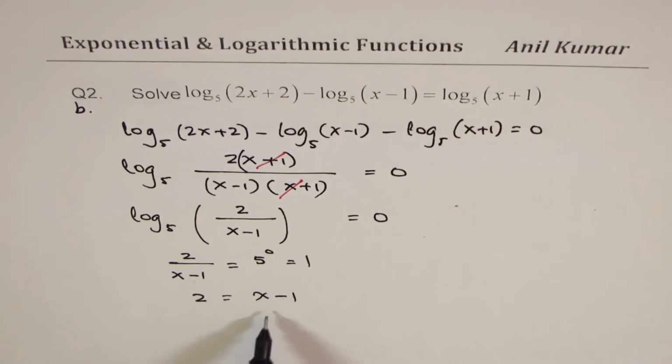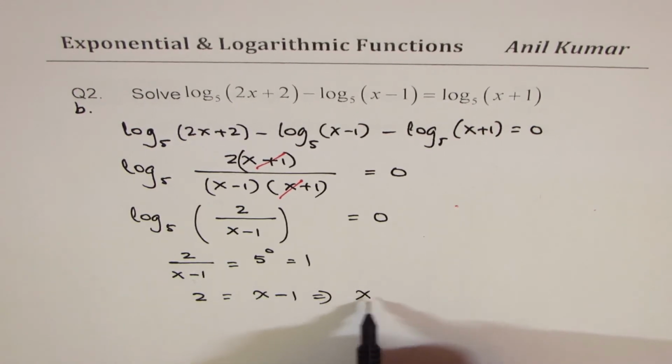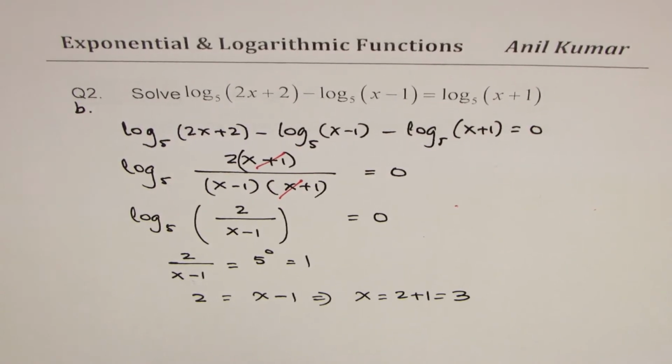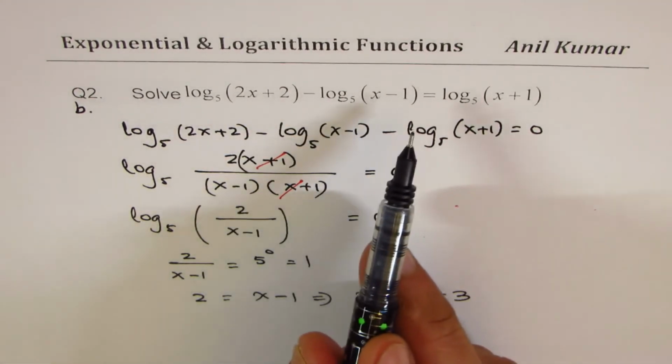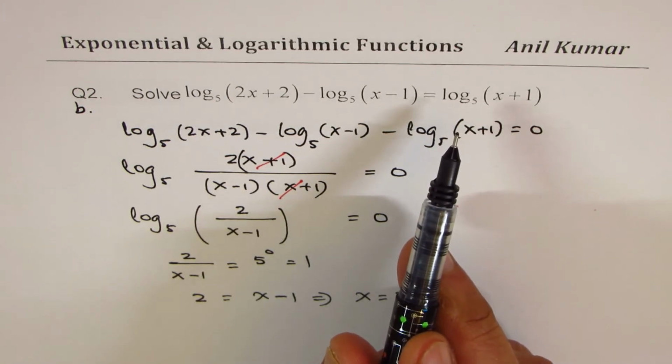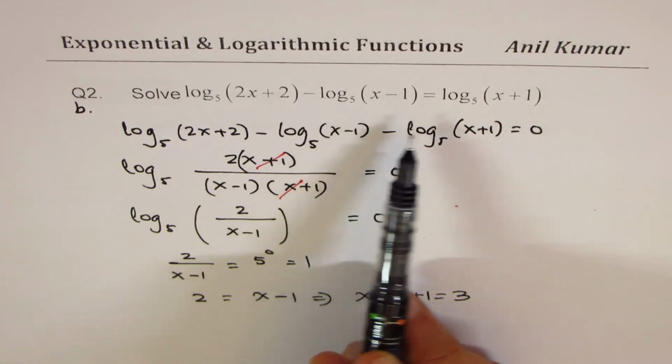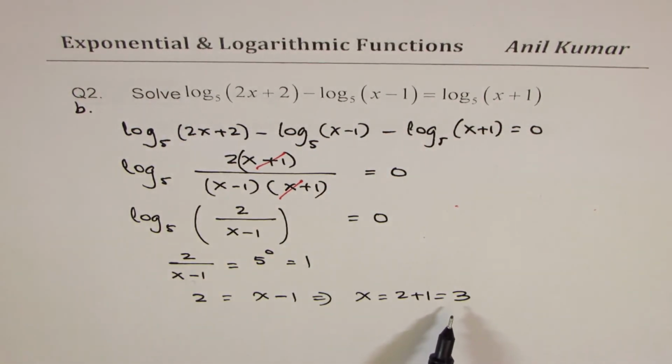Now from here, we can solve that x is equal to 3, right? So this implies x is equal to 2 plus 1, which is 3. So that becomes the solution for the given equation. So what you should do here is plug in 3 here and then check your answer. Is it okay? So that would be a good idea to check the answer for x equals 3.